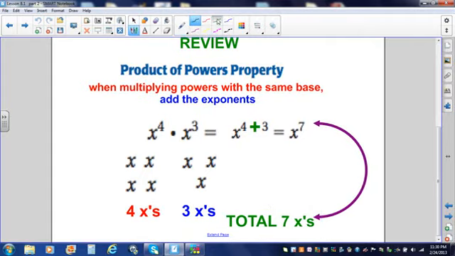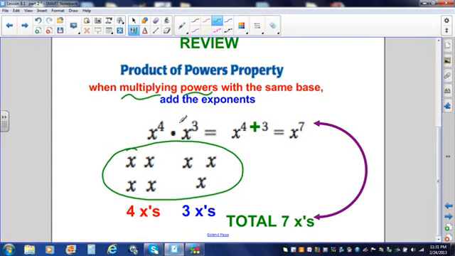Here's our total of 7 x's right here. And we said that when we were multiplying powers with the same base, there's our same base, we just add the exponents. So we said a shortcut here would be 4 plus 3 gives us x to the 7th power.